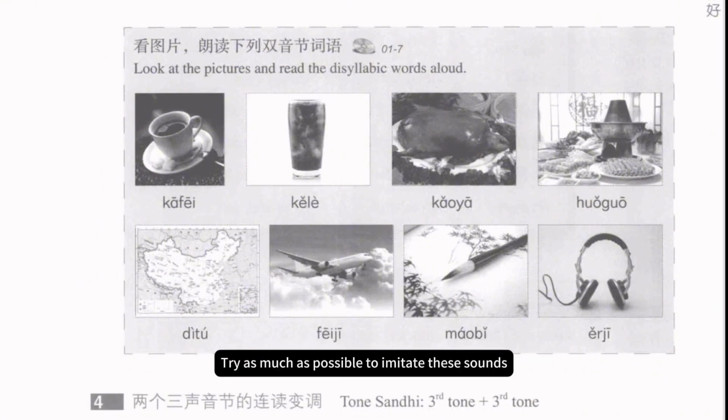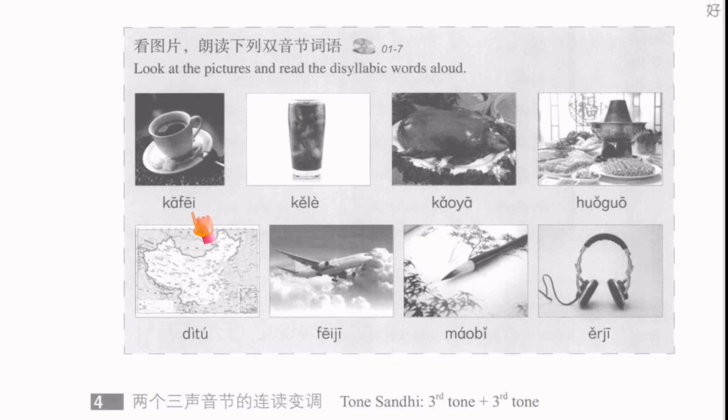Try as much as possible to imitate these sounds as teacher is reading them. 咖啡，咖啡，可乐，可乐，烤鸭，烤鸭，火锅，火锅，地图，地图，飞机，飞机，毛笔，毛笔.